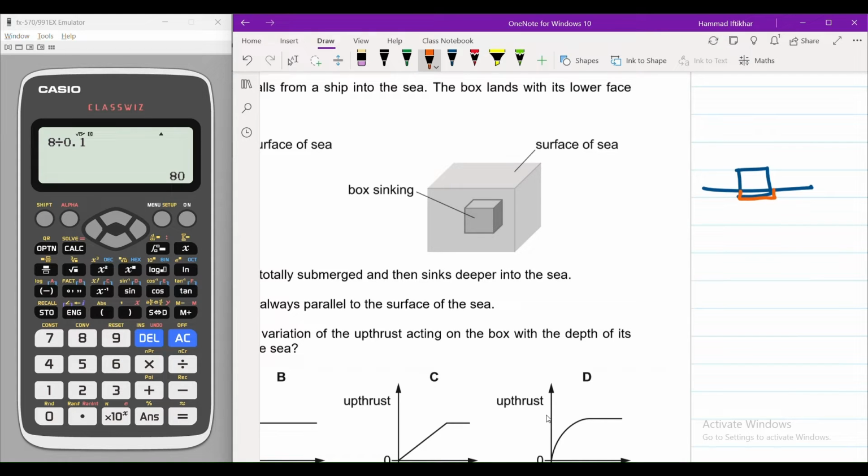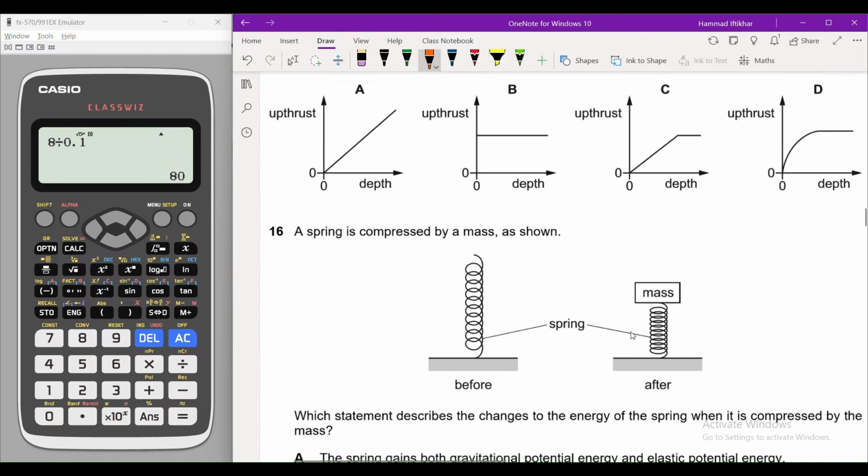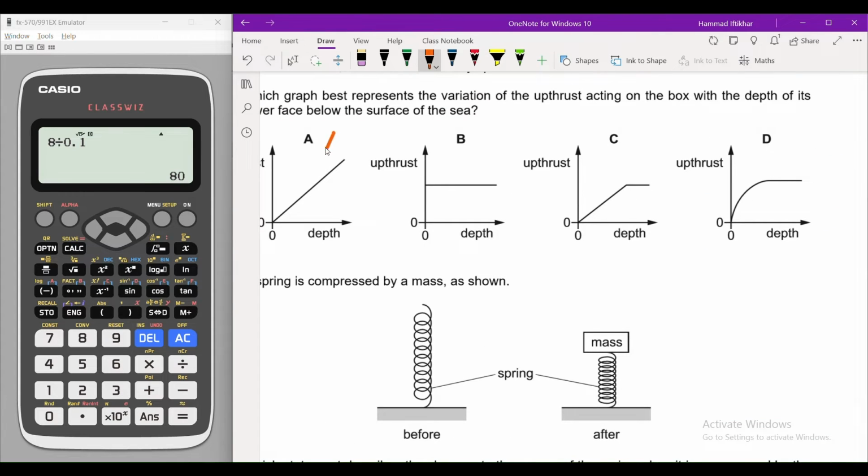So upthrust will start increasing linearly as it becomes completely submerged in water. After that point, the upthrust will stay constant. Now, this is gone, this is gone. These two might be correct, but which one of them should be the correct answer?